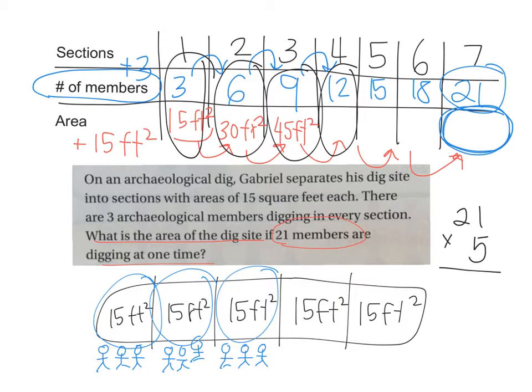Because the number of members, if you multiply that by 5, that would equal the area. Okay, and thank you for being precise in your math. Multiplying by 3 would not be correct, right? Yeah. So what's 21 times 5? Karan? 105. So then the total area would be 105 square feet.